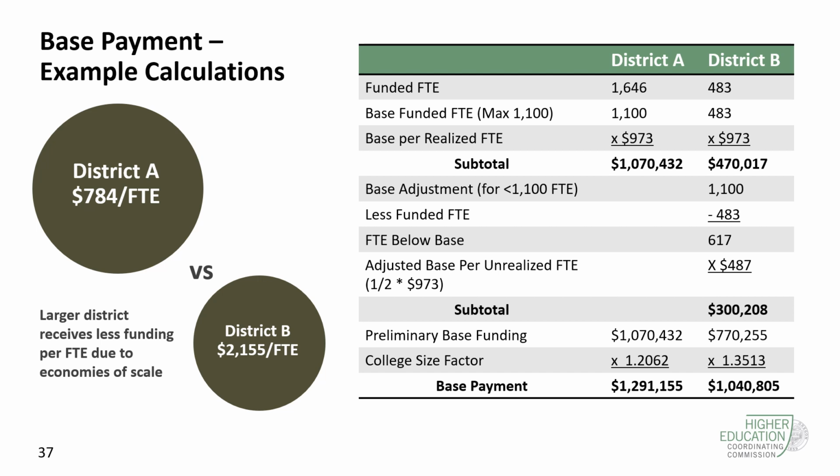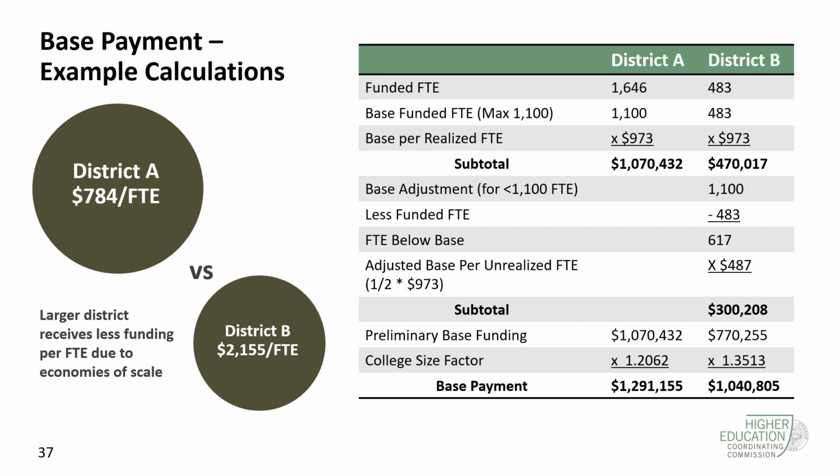So in the example for District A, they have 1,646 total funded FTE. So they're given funding for 1,100 of those times $973, so that's just under $1.1 million.